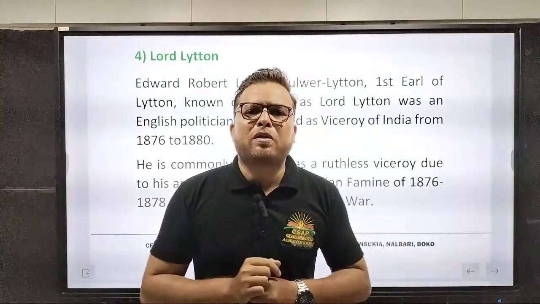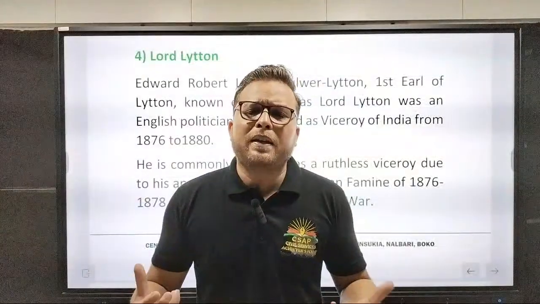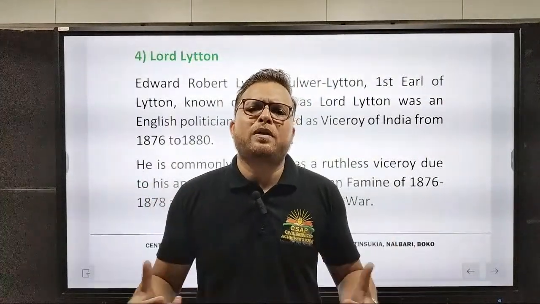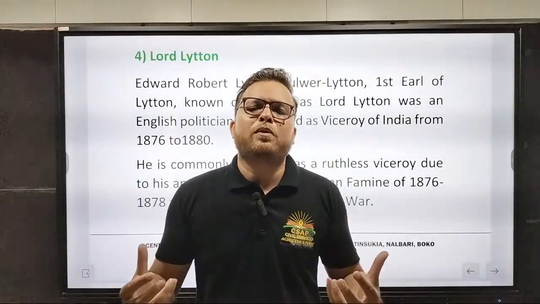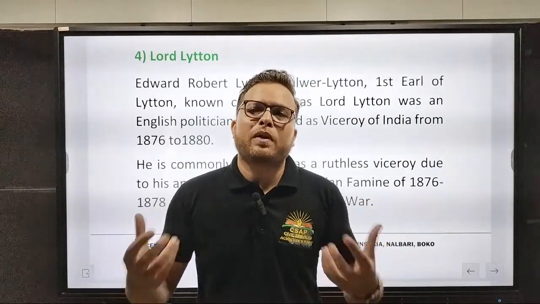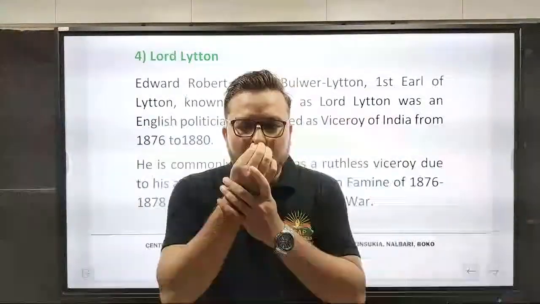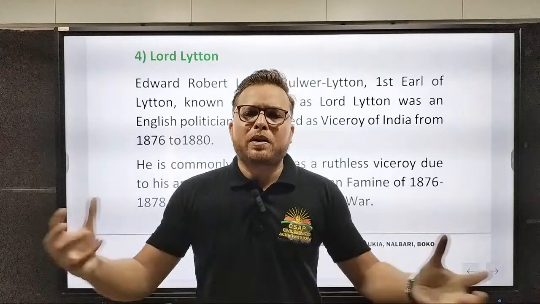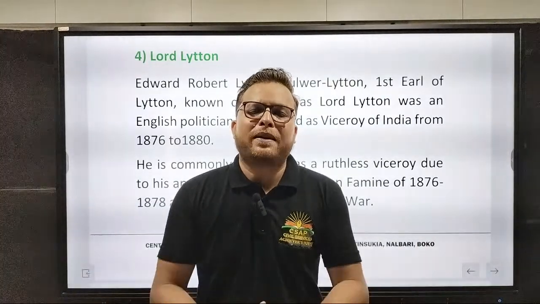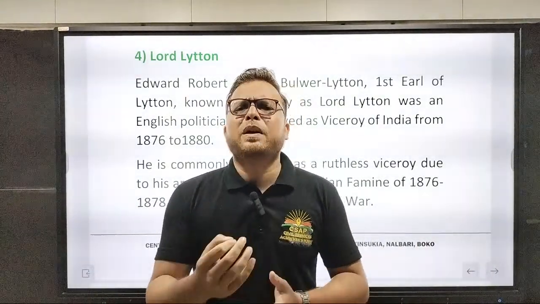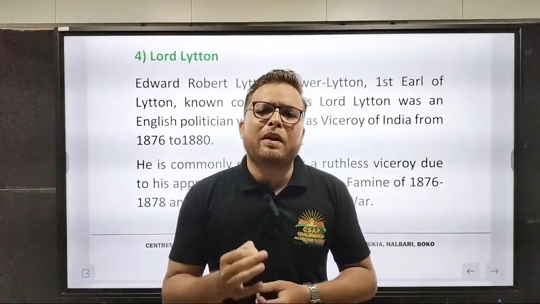What is the meaning of peninsular India? Peninsular India is that part of India which is exposed to the three water bodies surrounding India on three of its sides. So this particular famine is known as the peninsular famine.